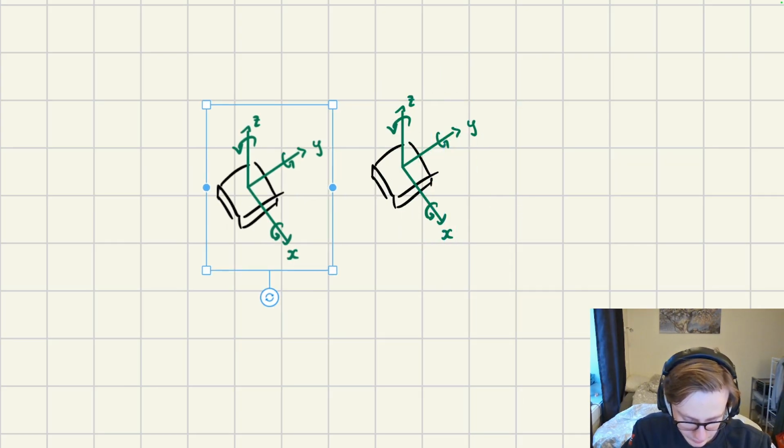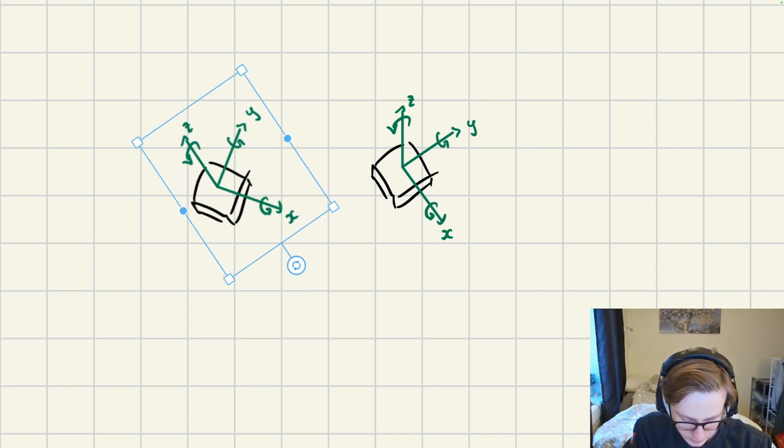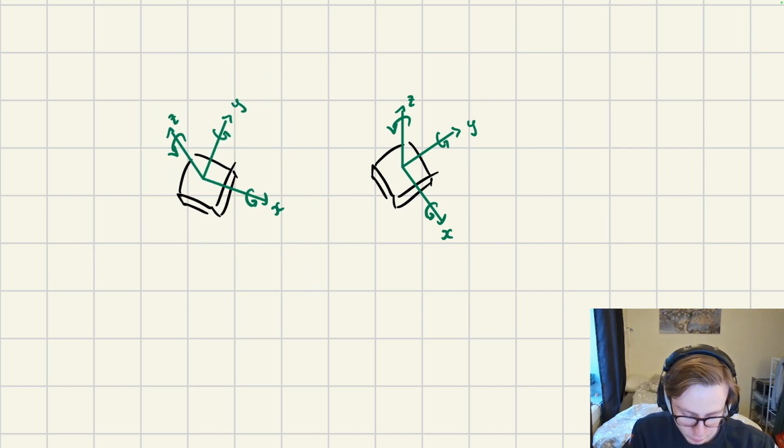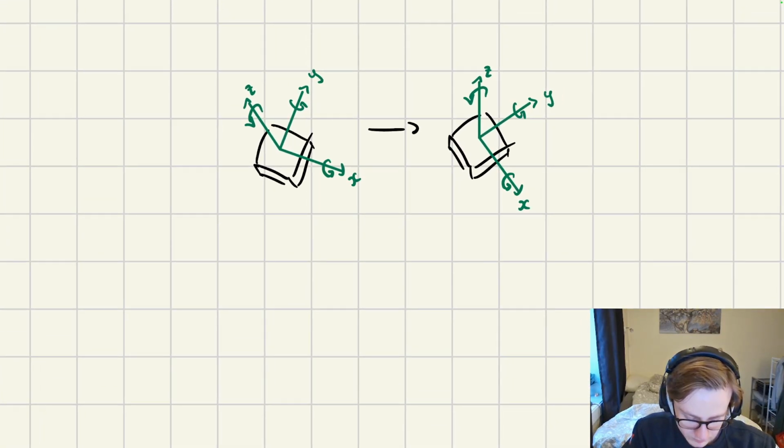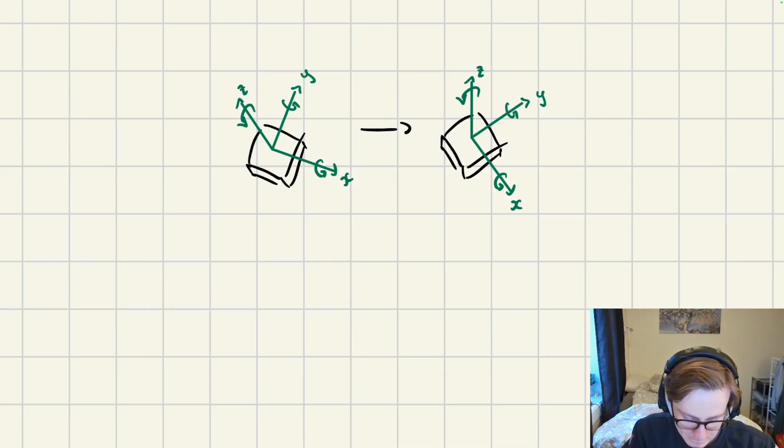So, let's say we have this tilted. How would we transform it into this? I don't know yet. Right now we have it tilted a bit on the x-axis and z-axis, looks like.